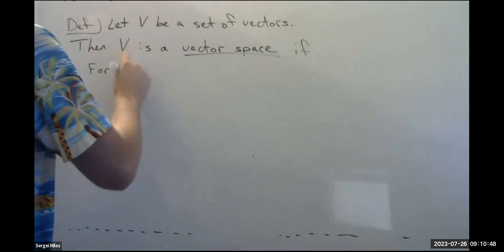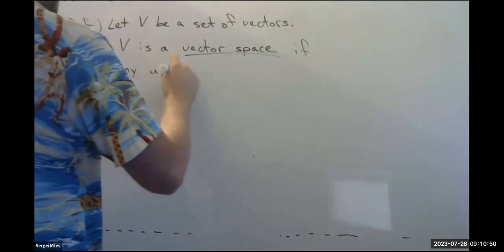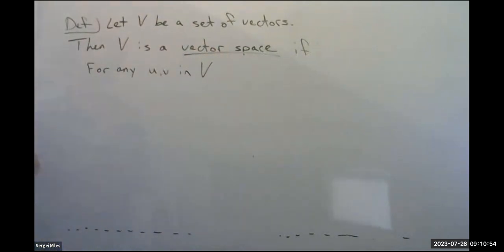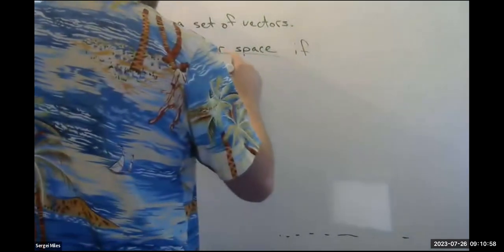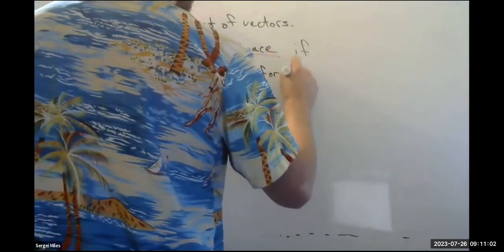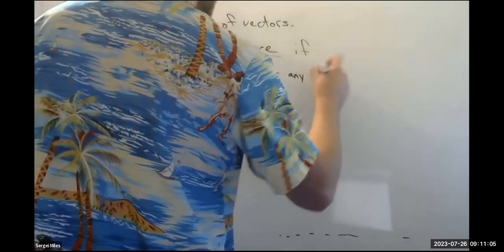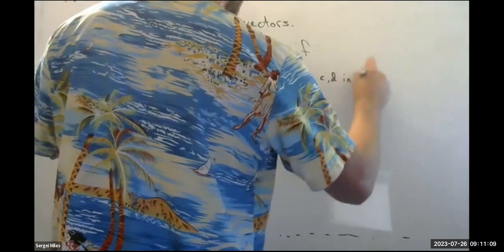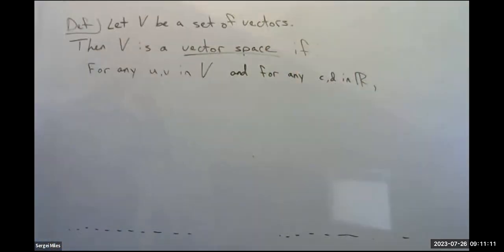For any u, v, so these are lowercase u and v in V, these are vectors. And for any constant scalars c, d in R, c and d are constants. They're fixed real numbers.